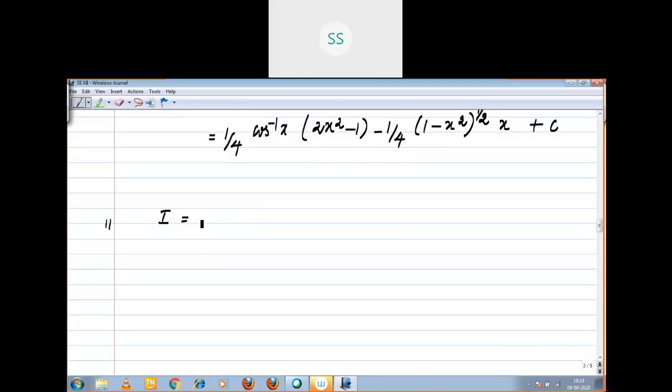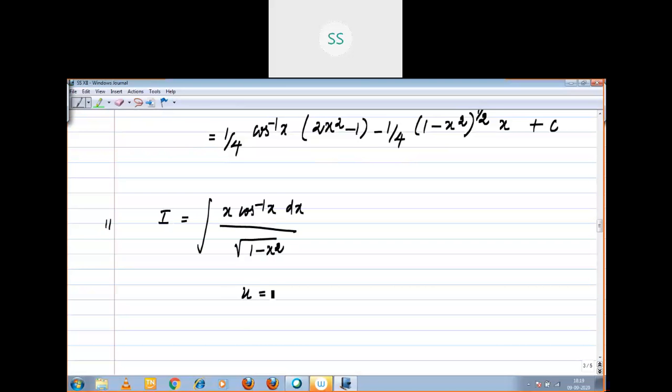I equal to integral x cos inverse x dx divided by root of 1 minus x square. Here, which one do you consider as u? Using the highlight, inverse trigonometry.